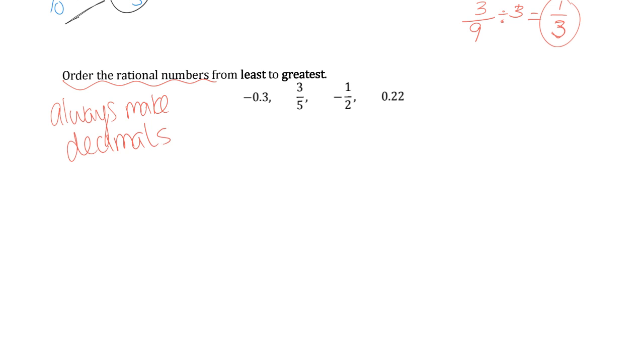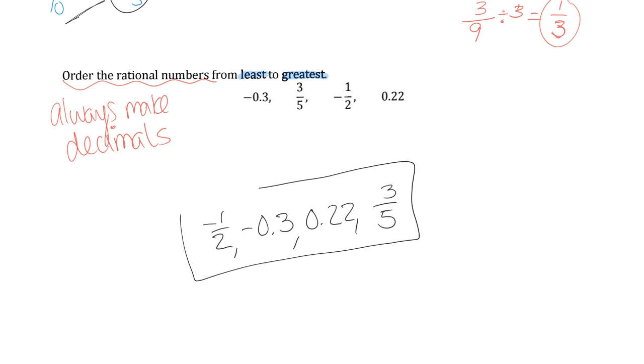That way you can tell exactly, all the way down to the hundredths place or thousandths or whatever place. Okay, so make them all decimals and then make sure you order them from least to greatest. All right, so here's your order. Make sure you have work of what you changed these into decimal wise. All right. So now work on your homework and your activity.